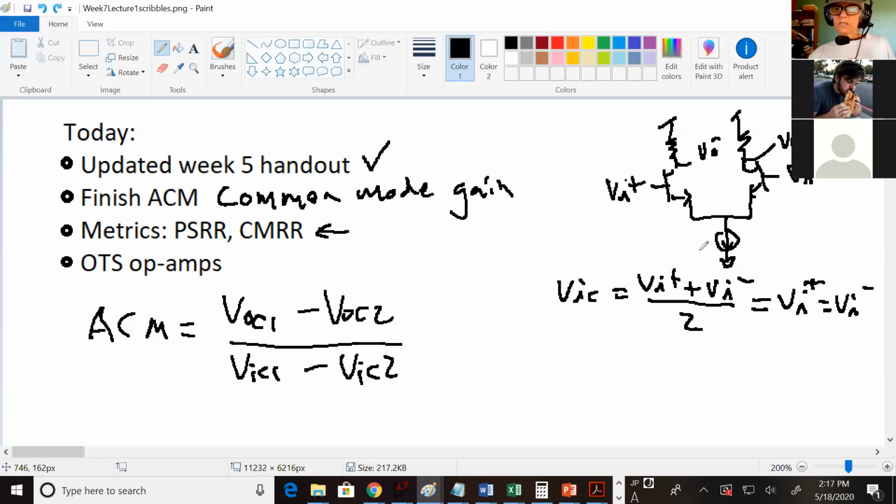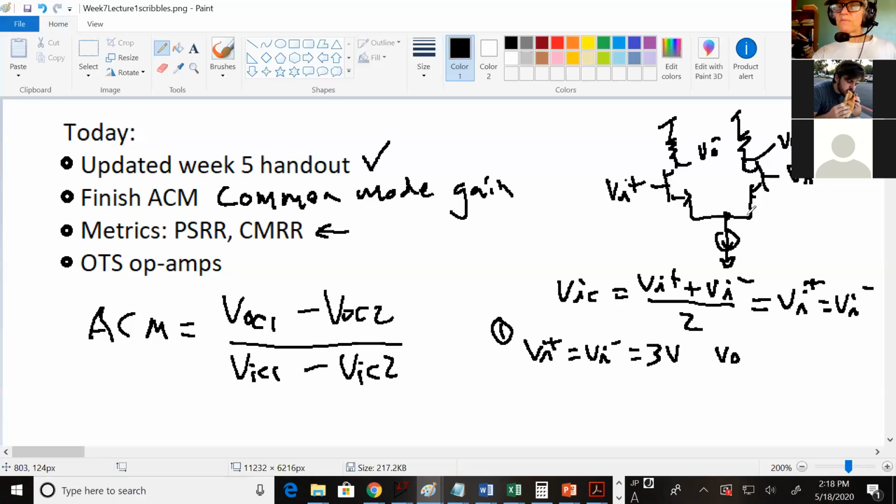So let's look at, let's say you tie VI plus to VI minus. So this is VI plus equals VI minus equals, let's say, 3 volts, since I already said that. And then you see that because you have the two inputs at the same value, their emitters are on the same node.